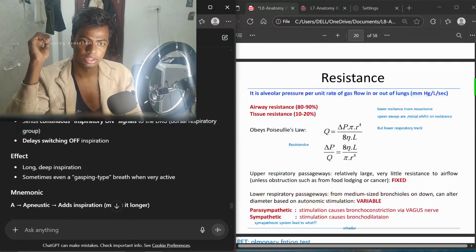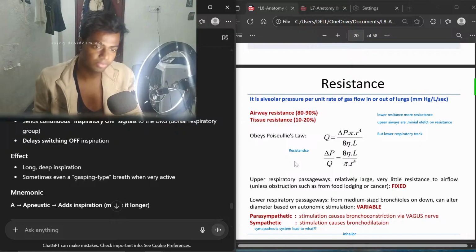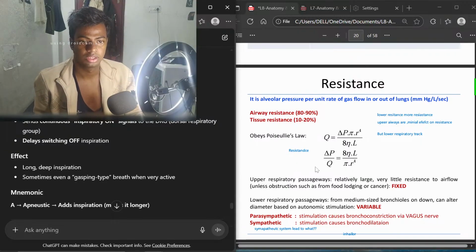So resistance, we know the pressure difference in this formula. The more the length, the more the resistance. The bigger the radius, the lesser the resistance.